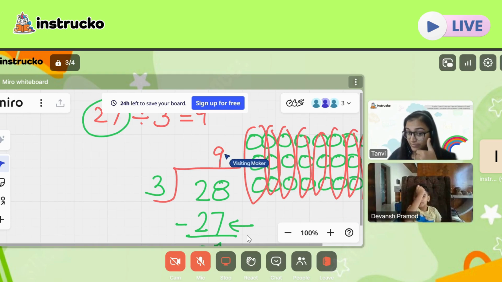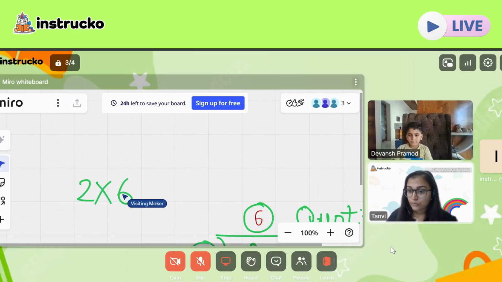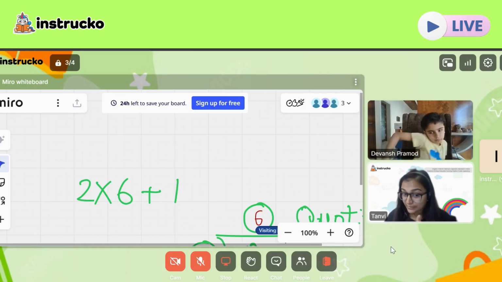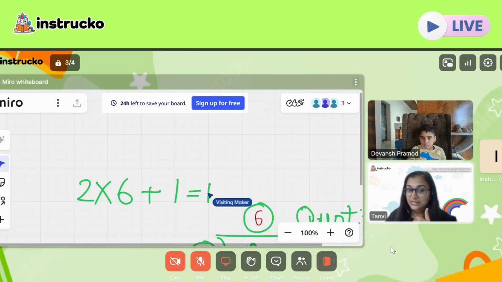And 9 is still the quotient because you were able to make 9 groups of threes using the 27. Okay. Right, like this. I have 6 groups of 2s, which equals 12, plus one more, that is the remainder, and that gives us 13. Okay, so what did we do?